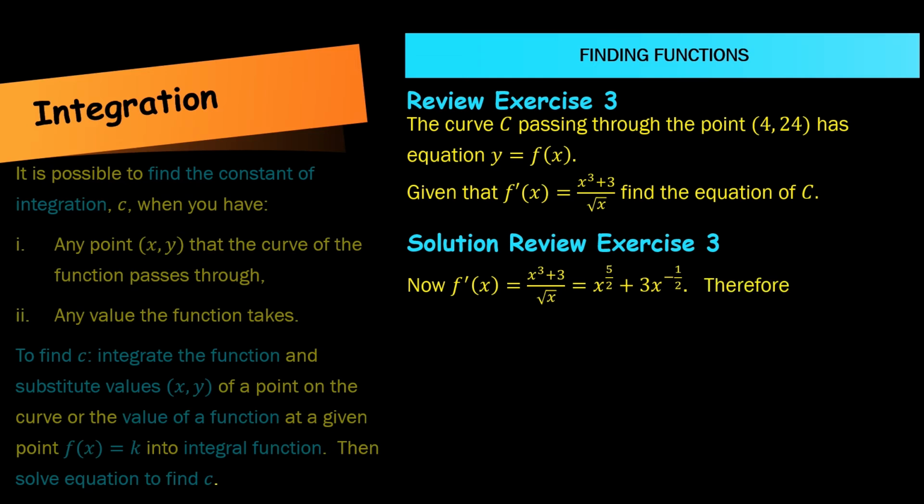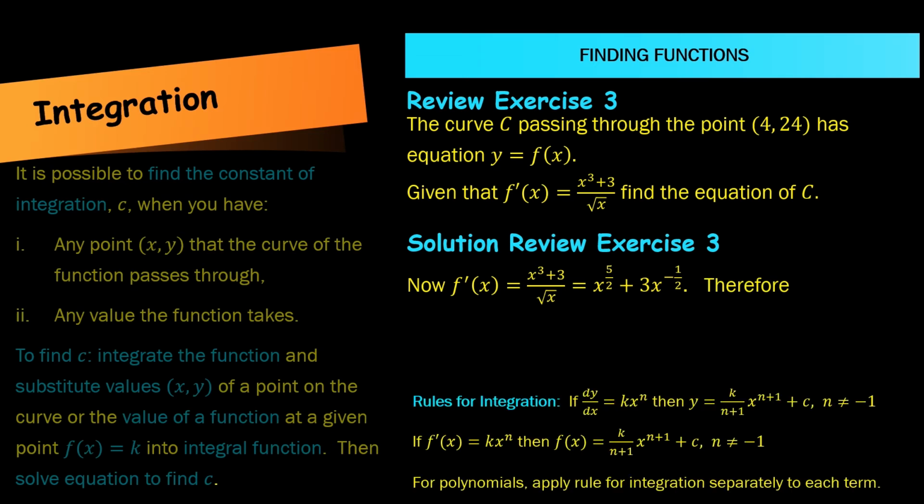Therefore, given that these are the rules for integration, and in particular, for example, if dy/dx equals kx to the power n, then y equals k over (n plus 1) times x to the power n plus 1, plus c, where of course c is a constant and n does not equal minus 1.